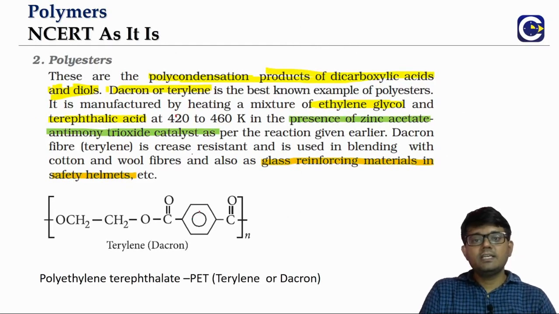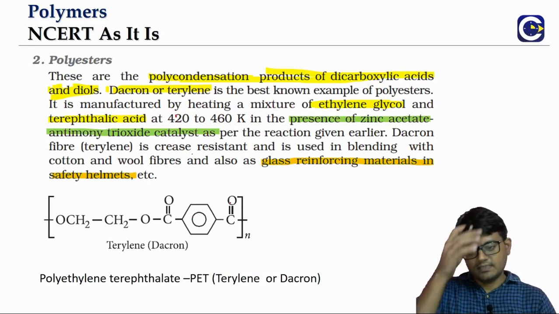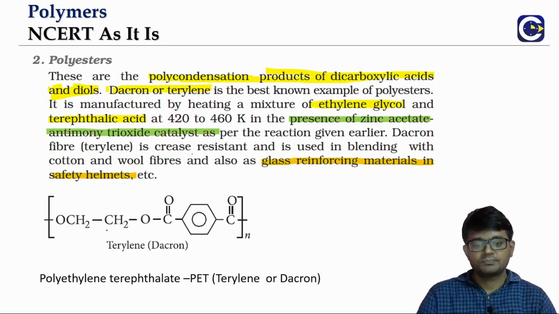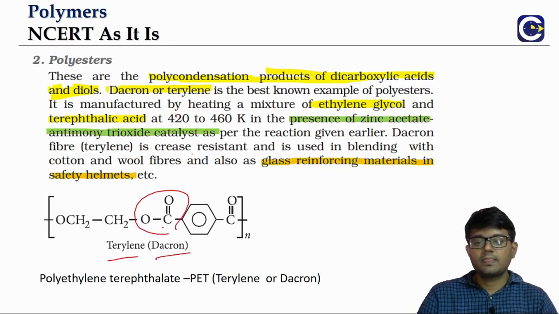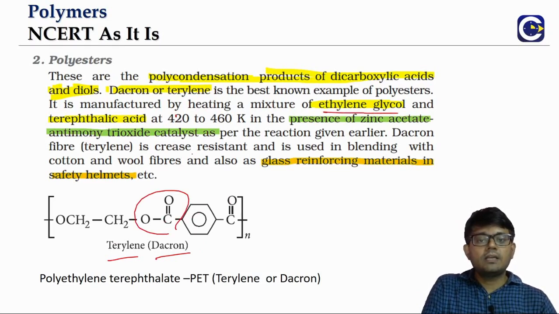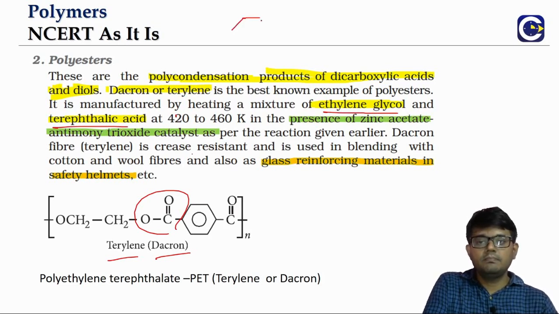Next, we will get into the discussion about the polyesters. Already we have seen terylene, which can also be called Dacron, is a polyester. You can see here. How do we obtain it? From ethylene glycol and terephthalic acid. For the benzene ring we have 2 carboxylic groups attached, both in the para position with respect to each other.